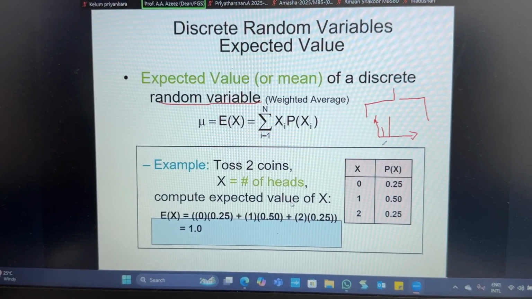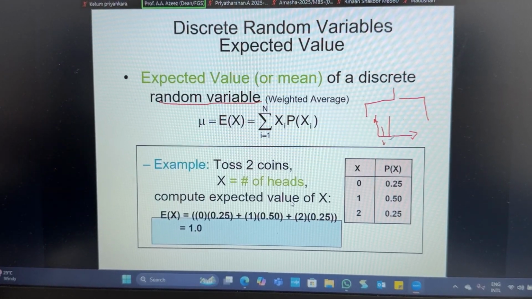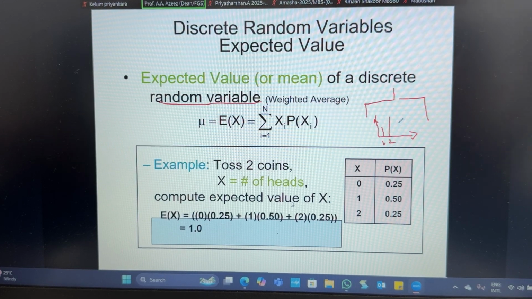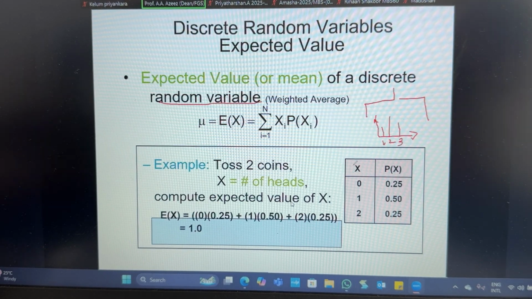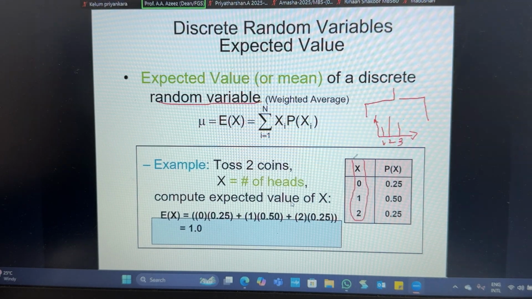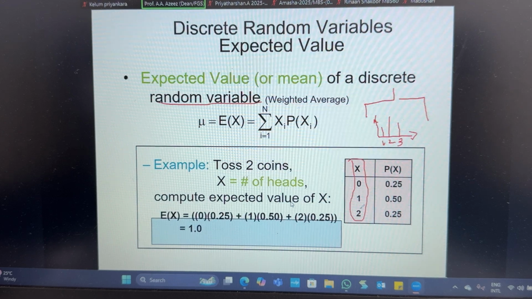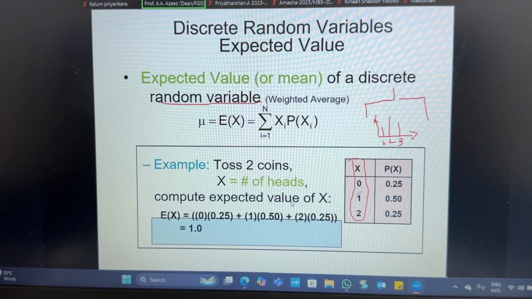It won't take values like 0.5, 0.7, or 1.2, 1.3. But a continuous variable takes any value.